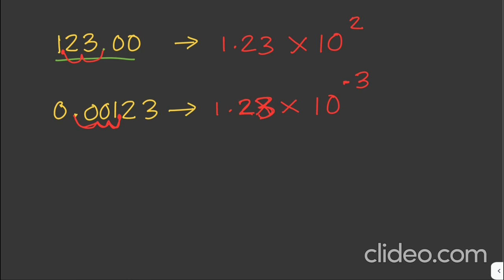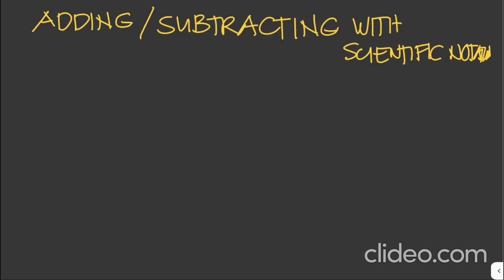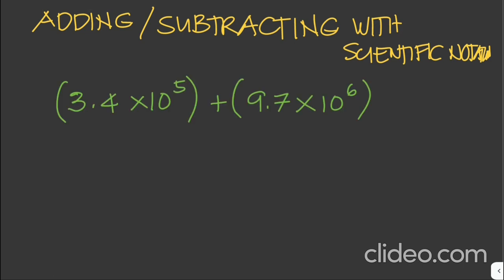Okay. And now let's discuss addition and subtraction of numbers with scientific notation. So how do we add and subtract numbers with scientific notation? When adding or subtracting numbers in scientific notation, the exponents must be the same. And when the exponents are the same, we can just add the coefficients.